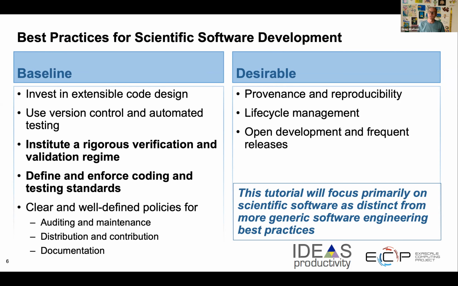So these are things that you might want to work towards. Lifecycle management in terms of the overall development life cycle, as well as deploying the software. And then a more agile, open development lifecycle with frequent releases is something that is worthy of moving towards.